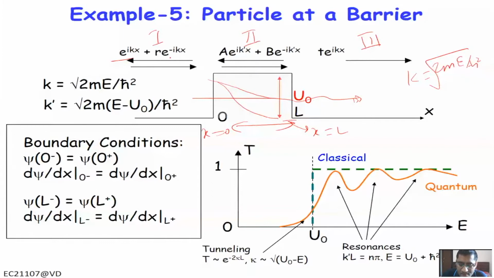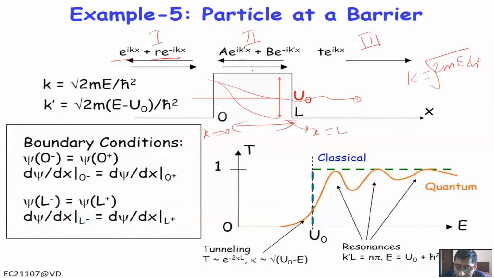Your reflected wave is r times e to the power minus iota kx, because it's moving in the minus x direction. Now, in this barrier, we will use both a times e to the power iota k prime x, which is moving in the x direction, and b times e to the power minus iota k prime x, which is moving in the minus x direction.